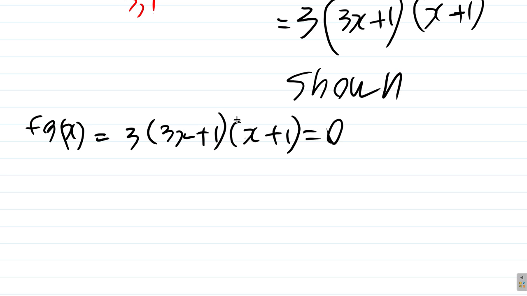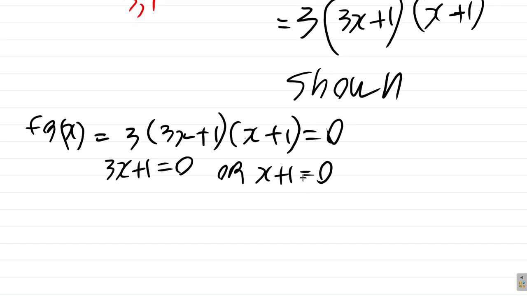Now notice here, this is already factorized. The only way that all of this can be 0 is if 3x plus 1 equals 0 or x plus 1 equals 0, or both. It could be both.